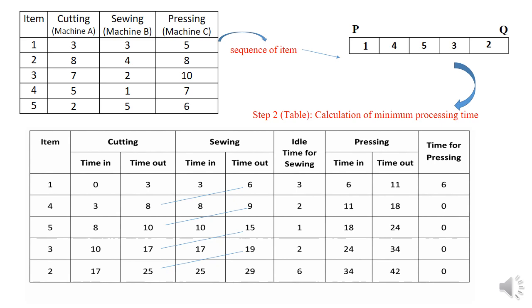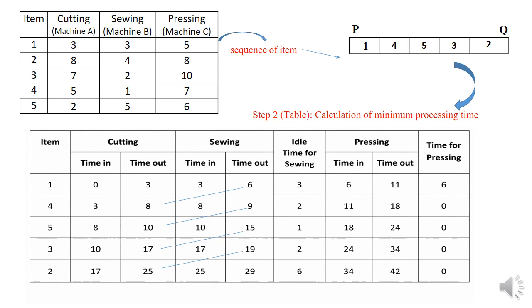The time in of item 2 in pressing machine is 34, because pressing machine was free in 34 hours. Time out of pressing machine is 42, that means time in plus processing time of item 2 in pressing machine.